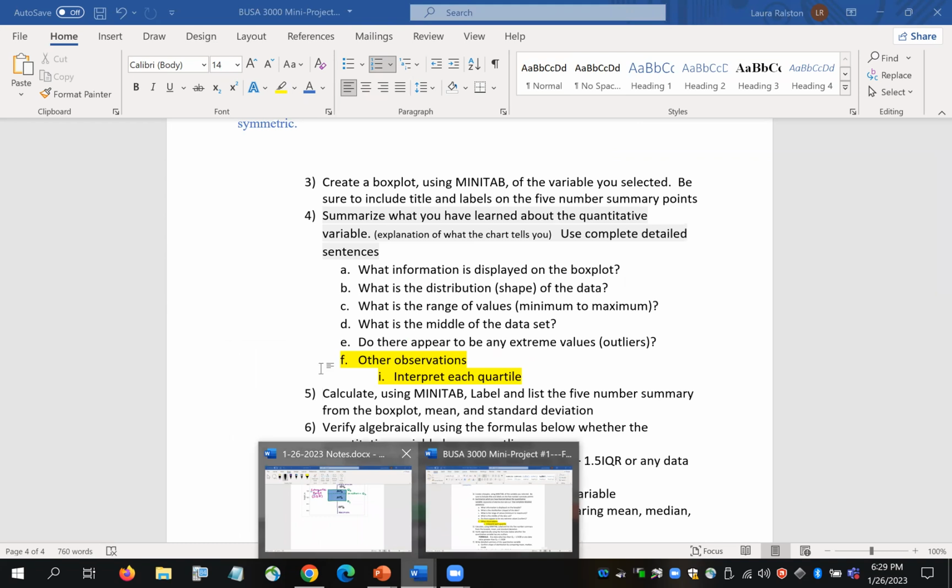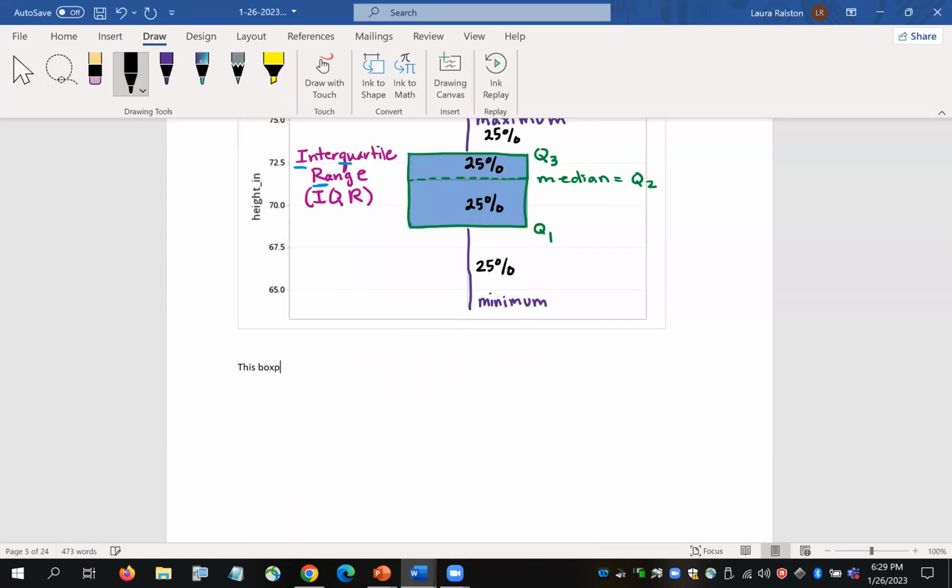So I might say this box plot represents the heights in inches of the U.S. presidents.